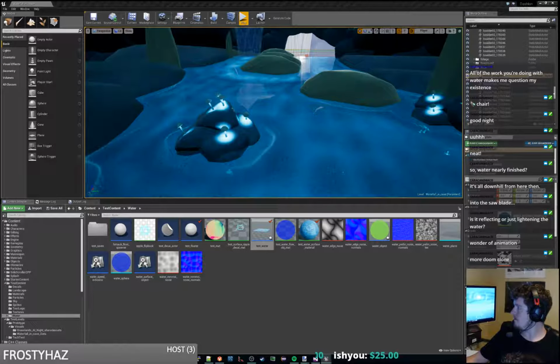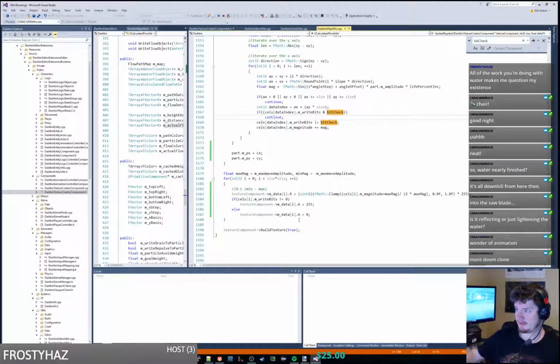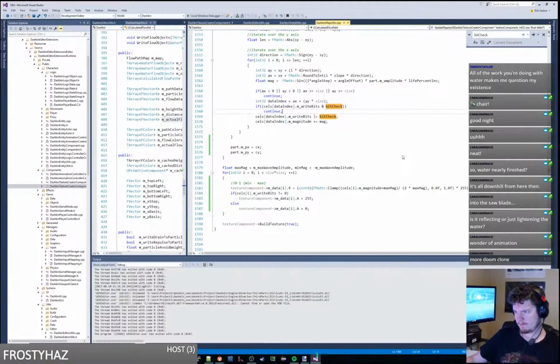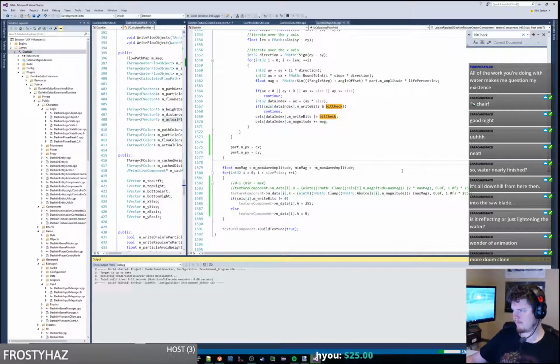Just overcomplicating the effect a little bit. So it's going to go from 1 to 0 to 1.